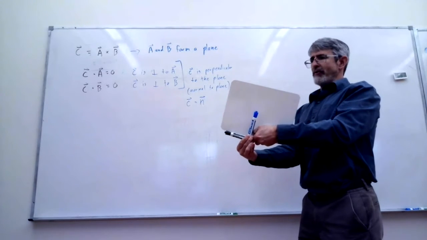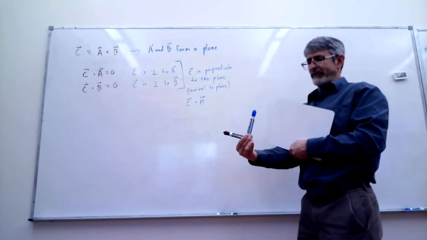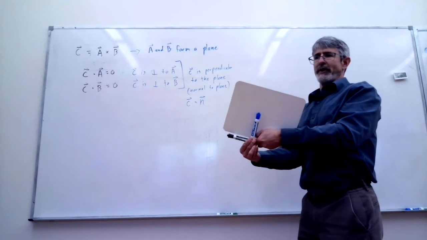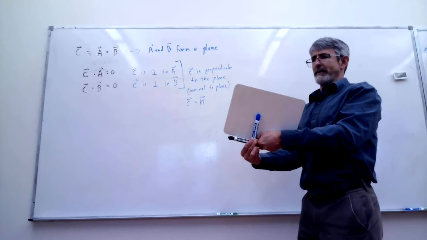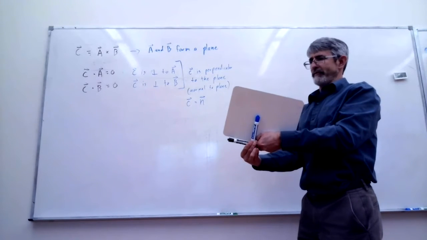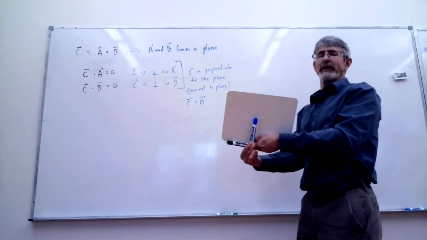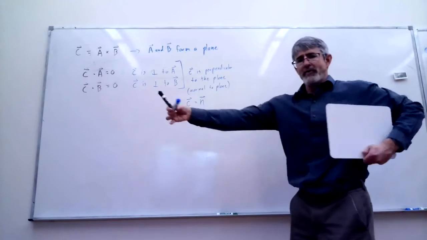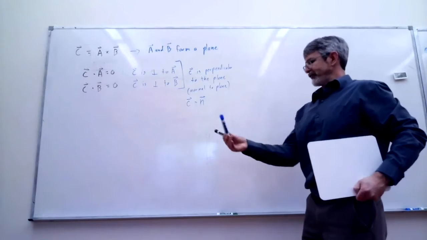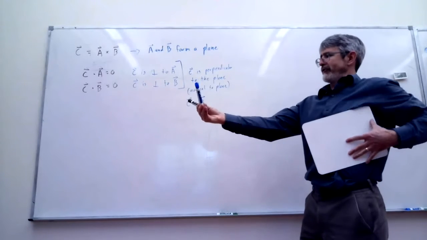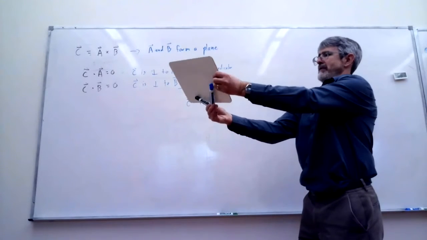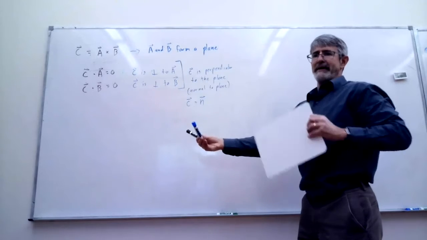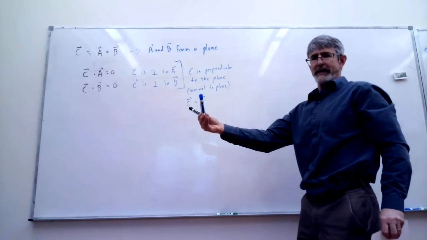All right. So each of those vectors has an infinite number of planes it could pass through, but only one of those planes will contain both vectors. Right? And remember, planes extend forever like lines do, so it doesn't really matter if it's here or here. It's going to go outward forever. So no matter where I put my two vectors, there will only be one plane that can contain both of those vectors.